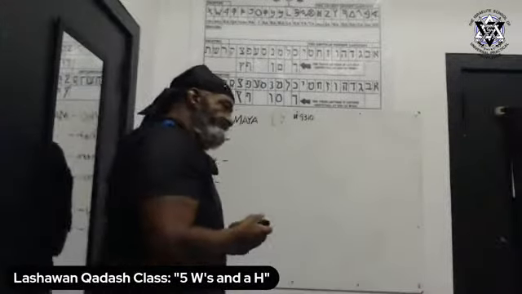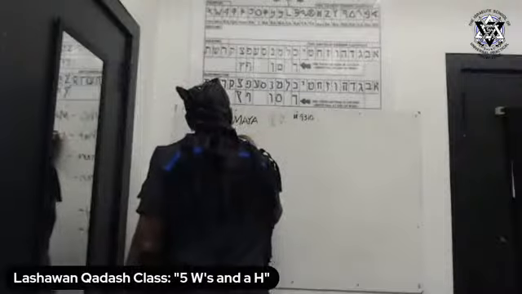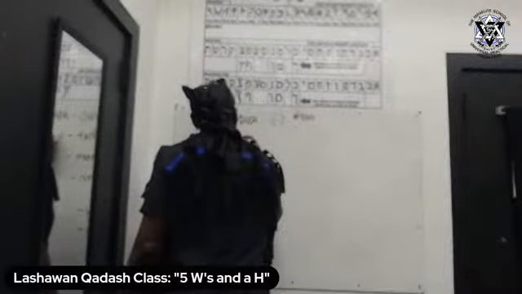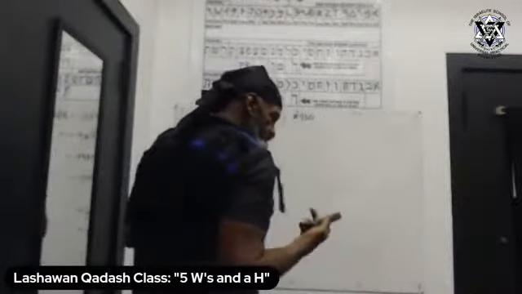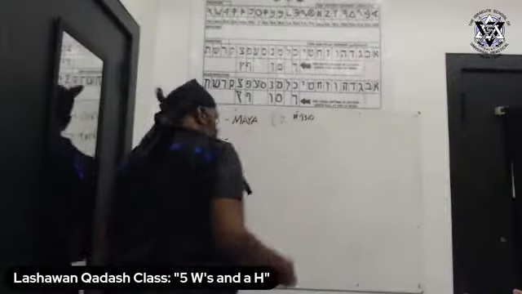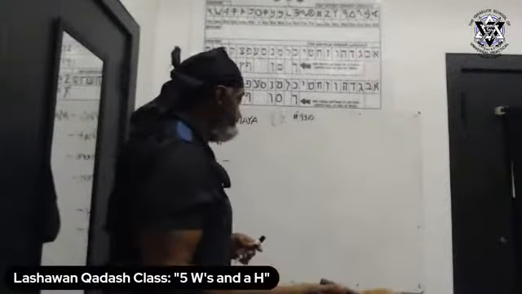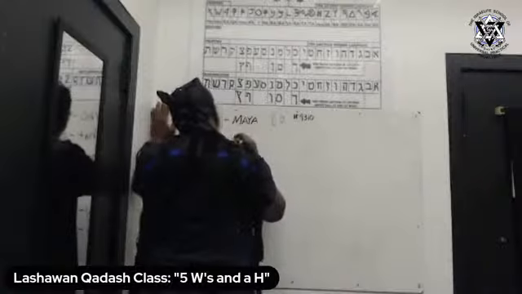Otherwise, as far as what, you ready for that? It's going to be ma. M-A. Well, I want you to write it just a little bit bigger. I want you to write it as big as I did as far as the first one. So I spelled it out for you.